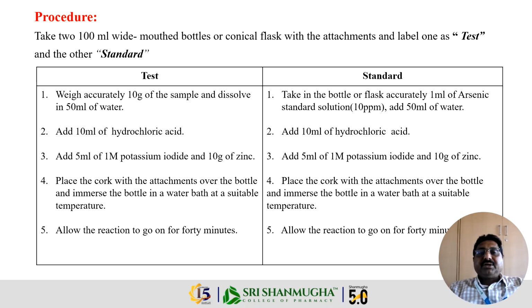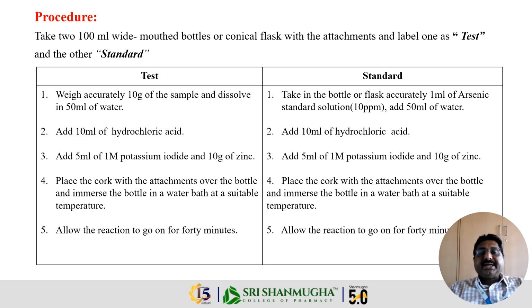In the standard bottle, take a known amount of standard arsenic solution. Add hydrochloric acid, the reducing agent potassium iodide, and granulated zinc in both the test and standard solutions.